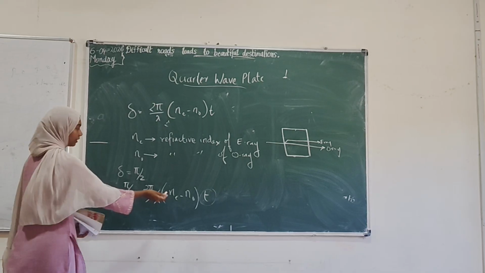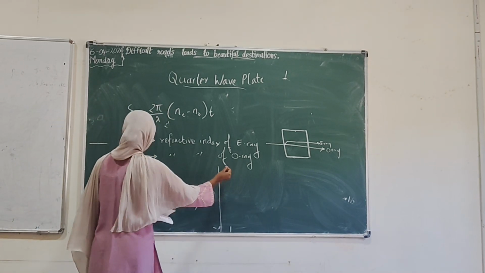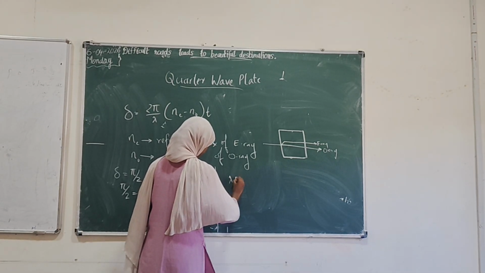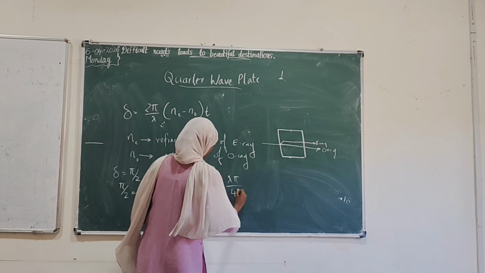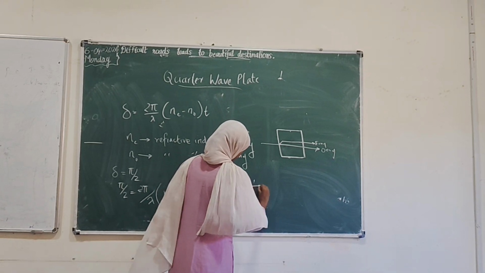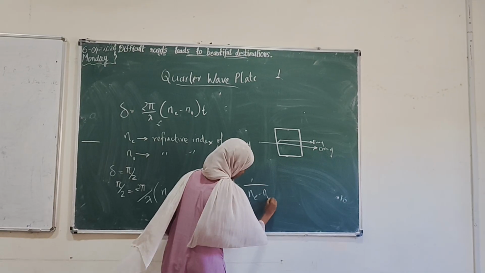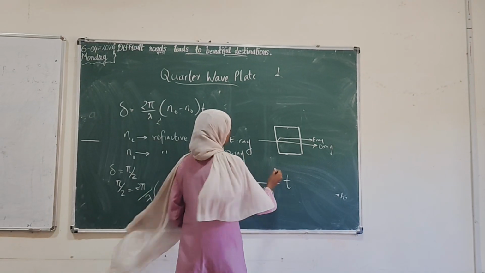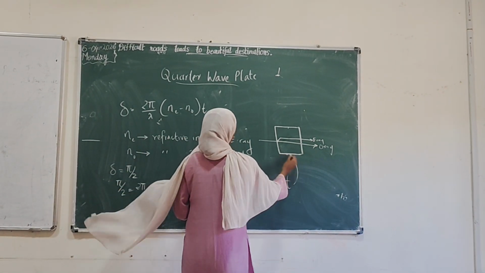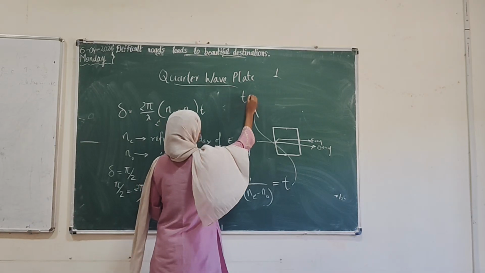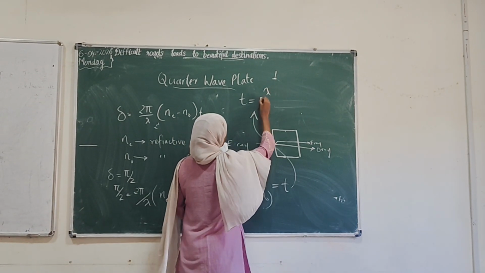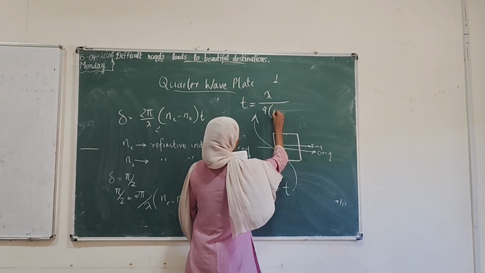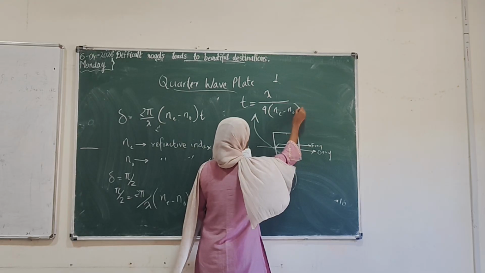So we can take all this to this side, and from this we get an equation for thickness: t is equal to lambda by 4 times (n_e minus n_o).